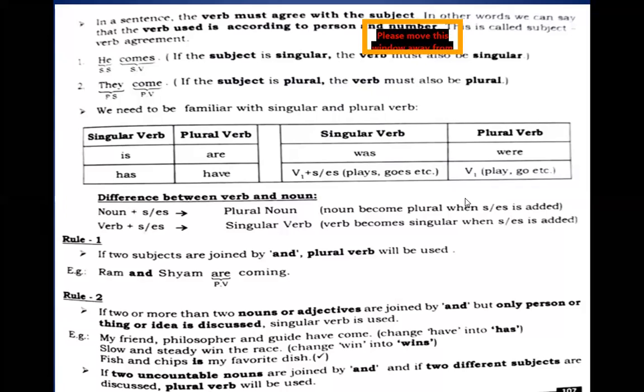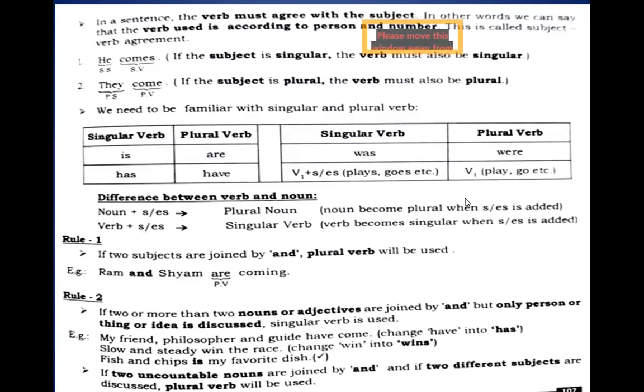But when you go to the second rule, rule number two, see students, if two or more than two nouns or adjectives are joined by and. Now you see the same rule is there, but there is a little difference: when two nouns or adjectives are joined by and, but only one person or thing or idea is discussed, a singular verb is used.